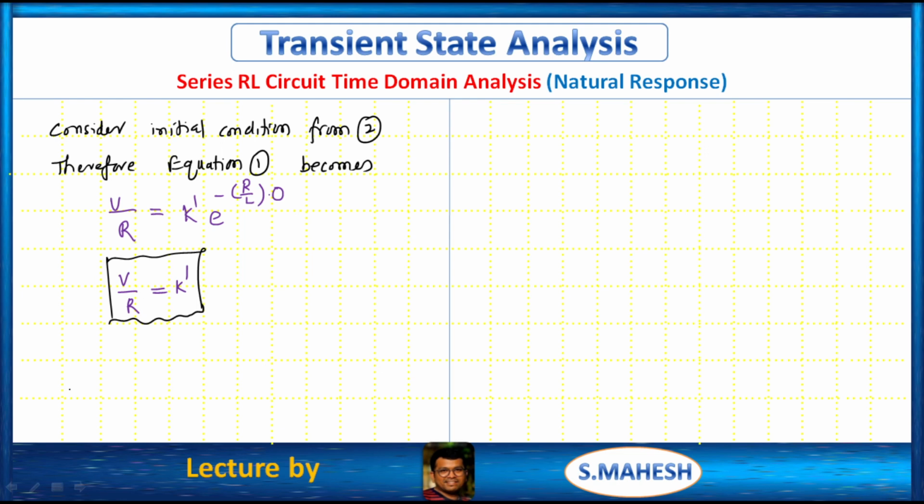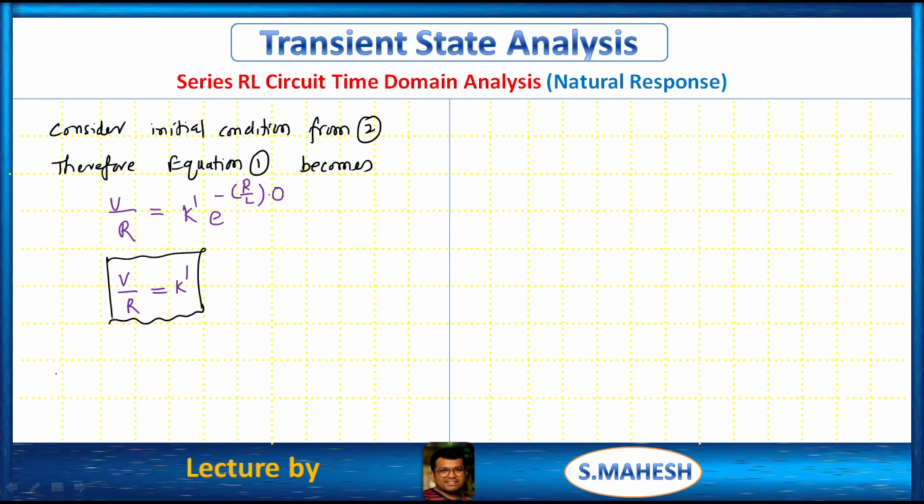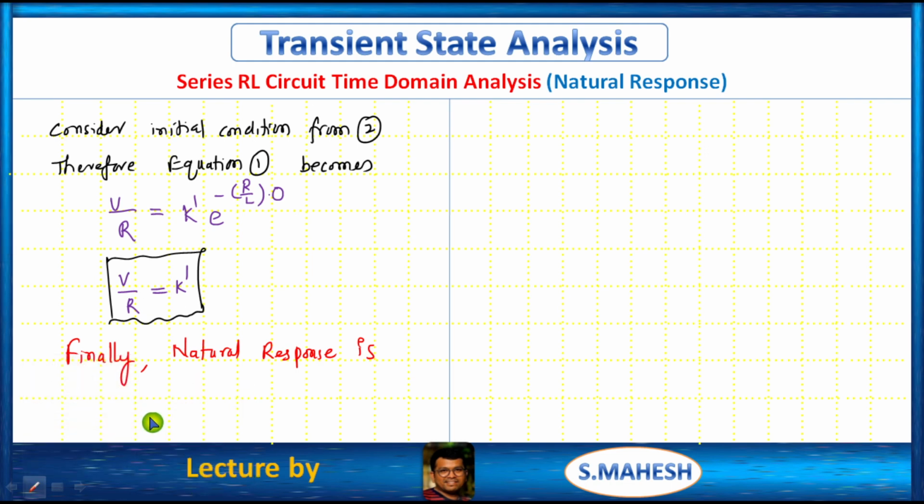Okay. Finally, the natural response is I, which is equal to, in place of K dash we have V by R e power minus t by tau.